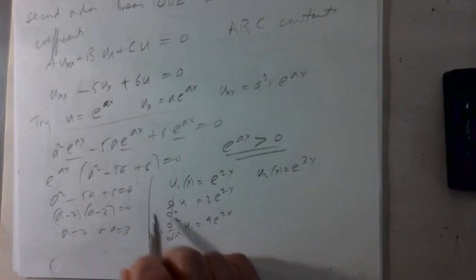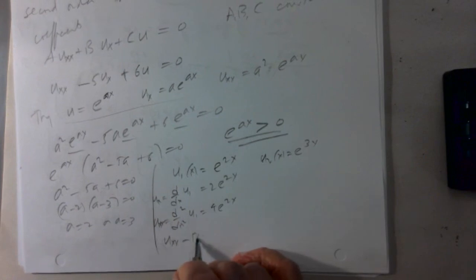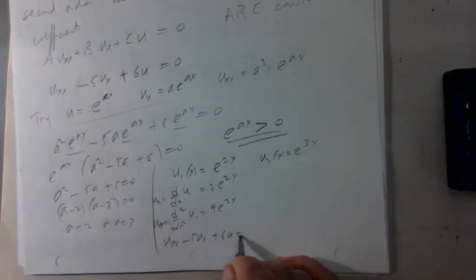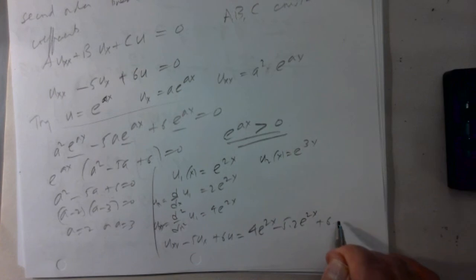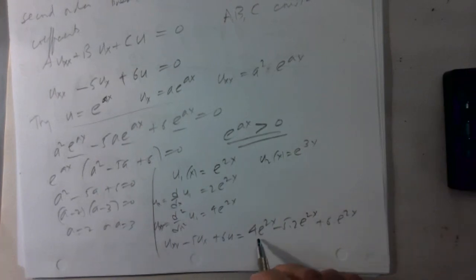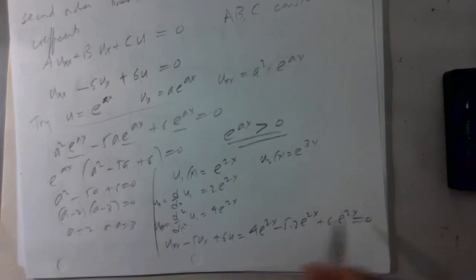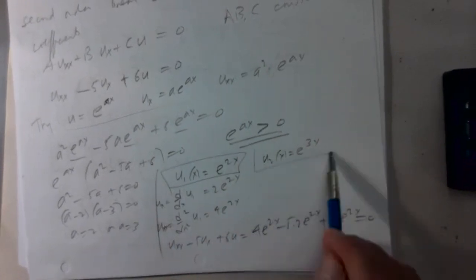This is u_xx and this is u_x. So if I take u_xx minus 5u_x plus 6u, that's 4e to the 2x minus 5 times 2e to the 2x plus 6 times e to the 2x. 4 minus 10 plus 6 is 0. So this is a solution. And similarly, if you check, this is also a solution.